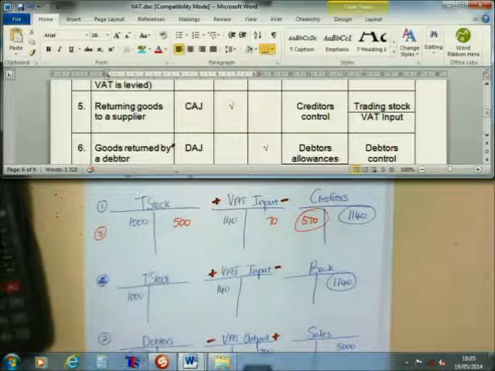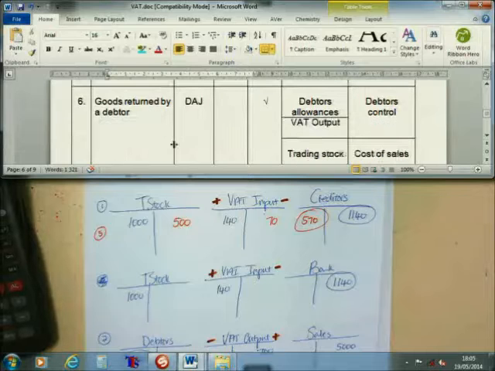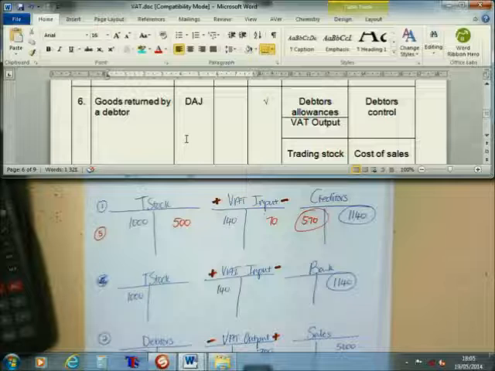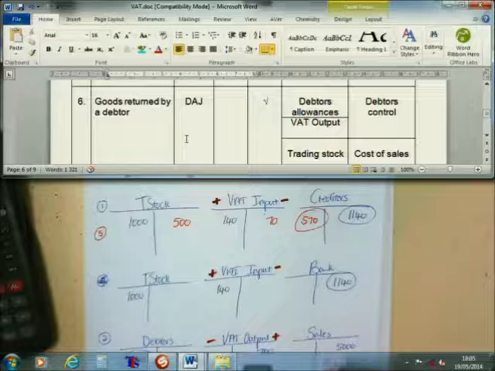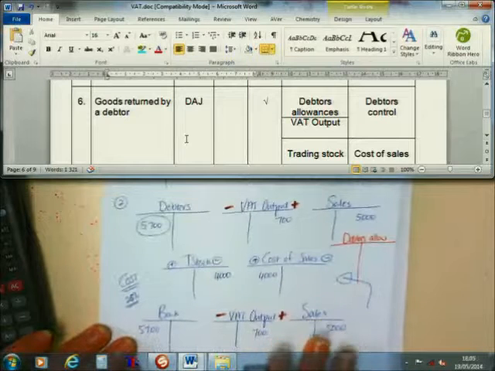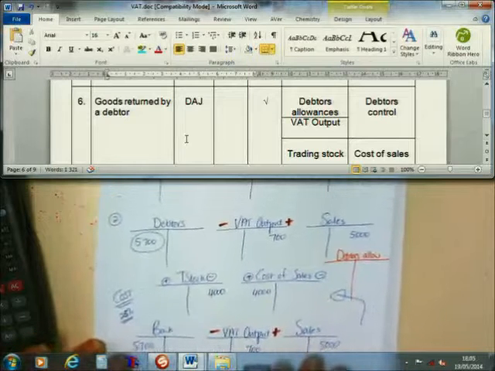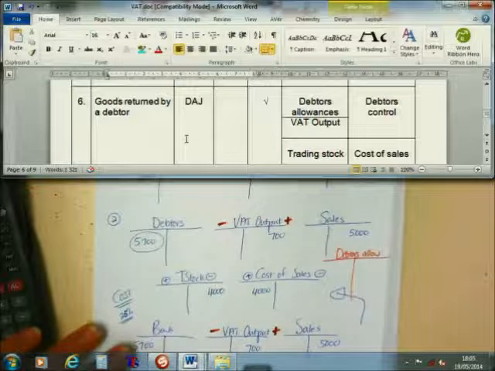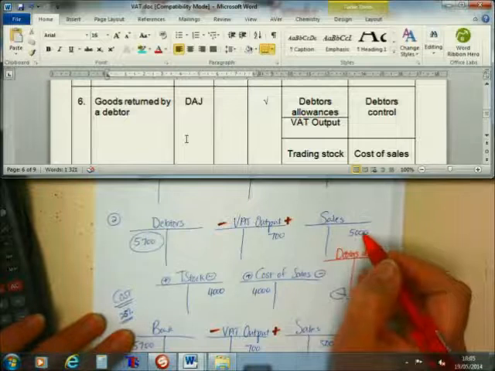Goods returned by a debtor. We've got debtors, allowances. Number 2 there. Let's say the debtor returned half of the goods. We sold to the debtor for 5,000 Rand.